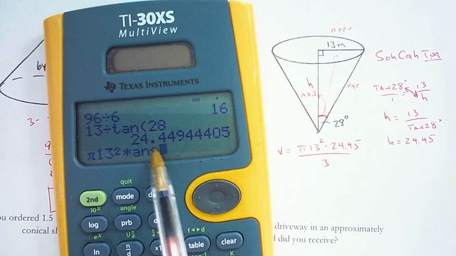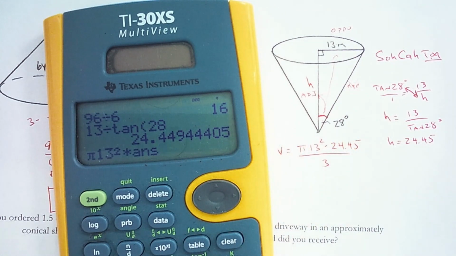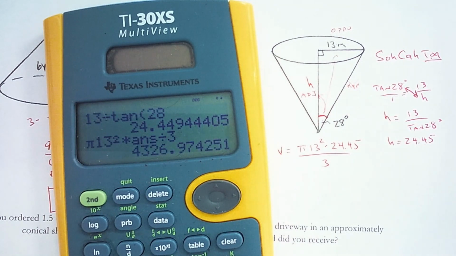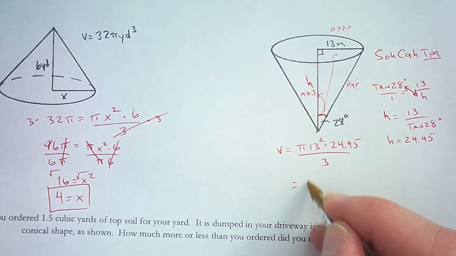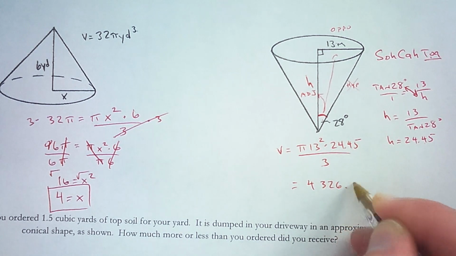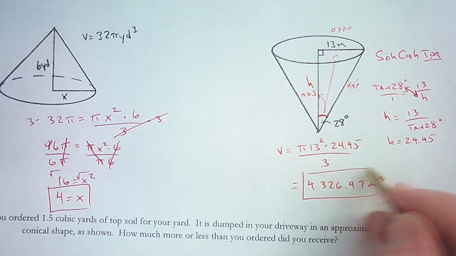So second answer, it brings in all these decimal places for me, and ones that are hidden as well. Divided by 3, and I get 4,326.97. So the volume is 4,326.97 meters cubed.